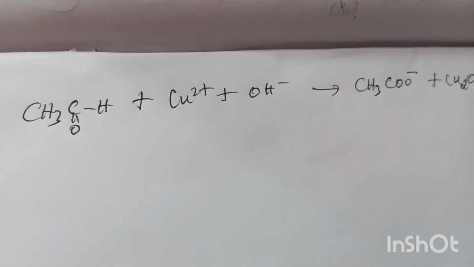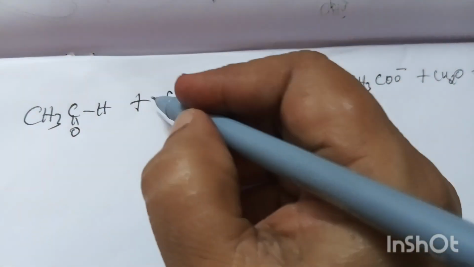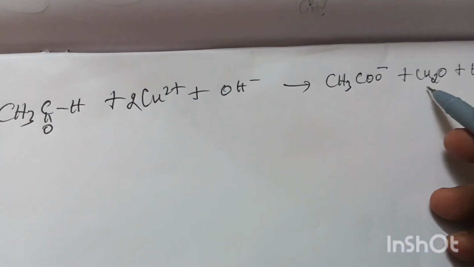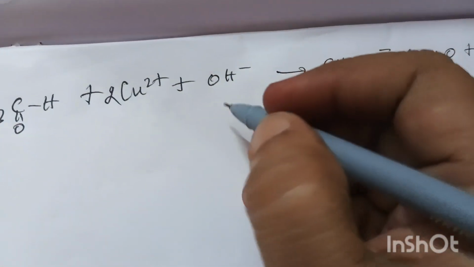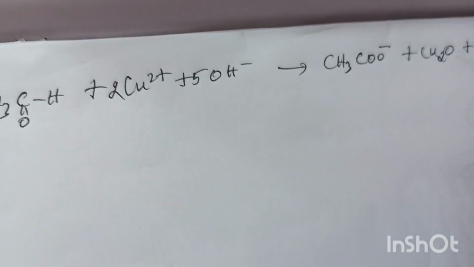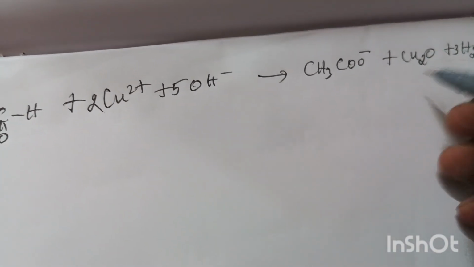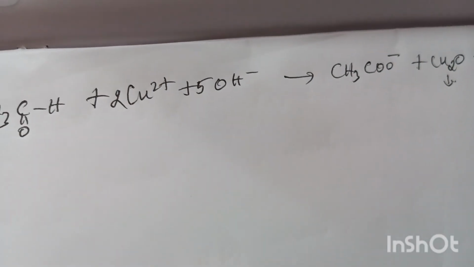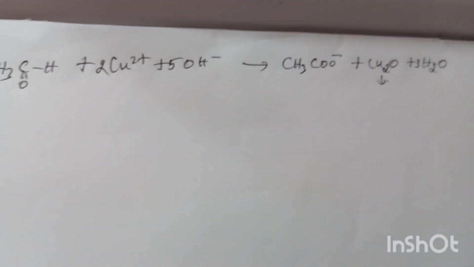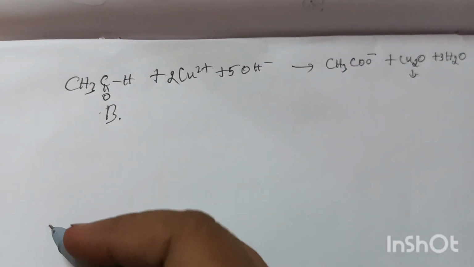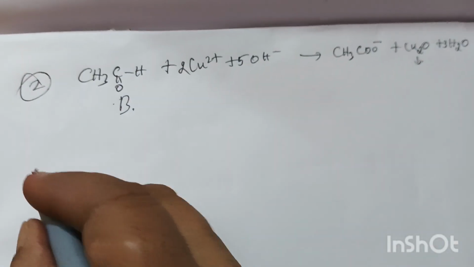To write it in a balanced manner: 2 Cu2+, 5 OH minus, giving Cu2O and 3 water molecules. This is a reddish brown precipitate in the Fehling's test. So it is a positive Fehling's test, the second equation.